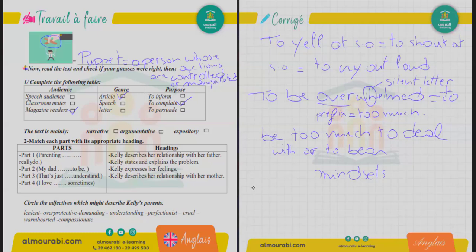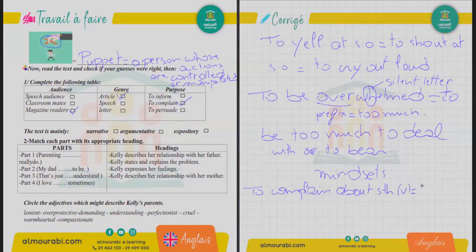Very good. Now explain to me what is to complain. First of all, which preposition goes with complain? Is it for? Is it to? No idea. All right. We say complain about something.